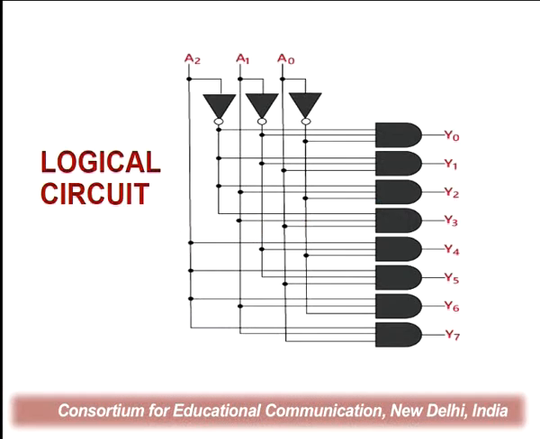Similarly for A1 and A2, and on the output side we have each output coming out of an AND gate. That's how a decoder functions, and at any given point of time the combination of bits in A0, A1 and A2 would have only one of these gates active, and we will receive one octal number as an output.